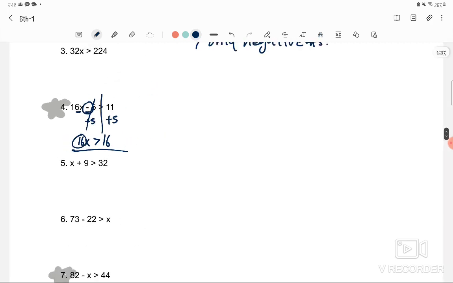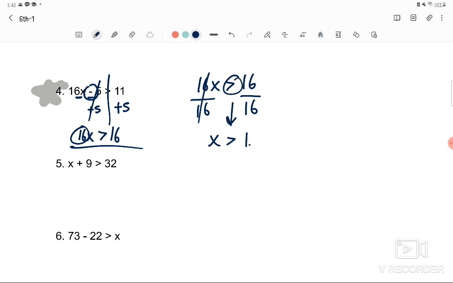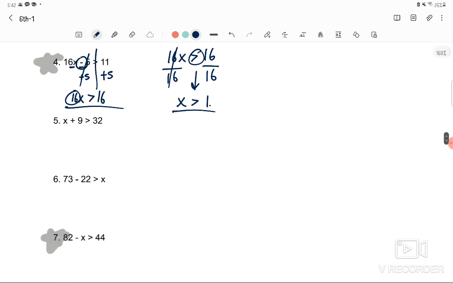Like I said, if you divide or multiply by positive numbers, the sign does not change. So divide 16 on both sides, and they cancel out, so x is greater than 1. Notice how I did not change the sign? Yeah, because it's a positive number.